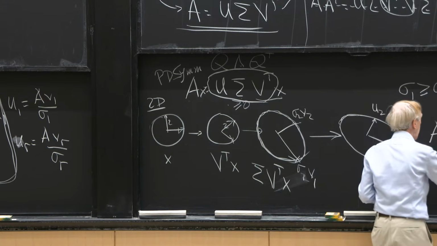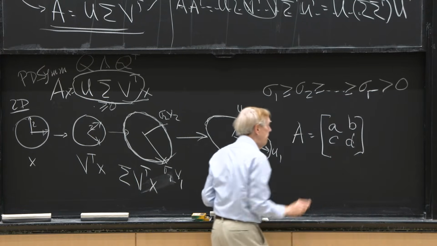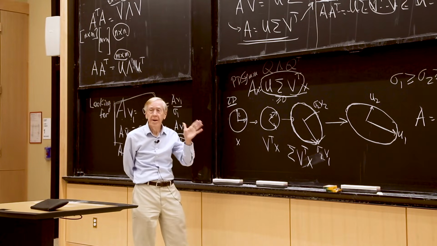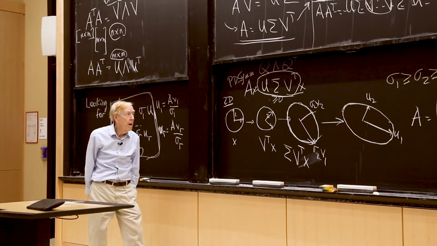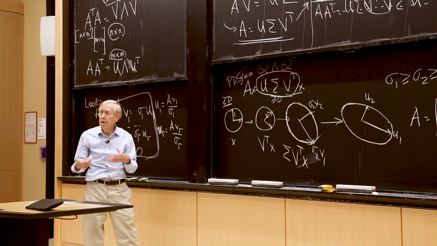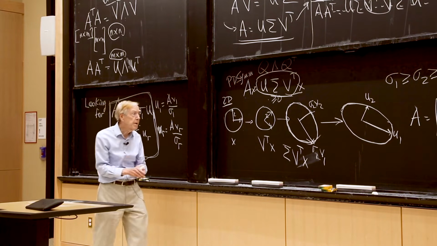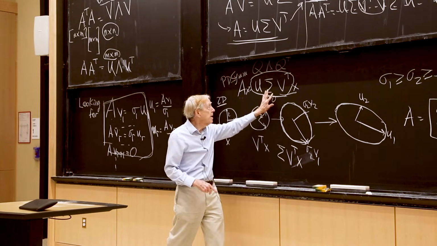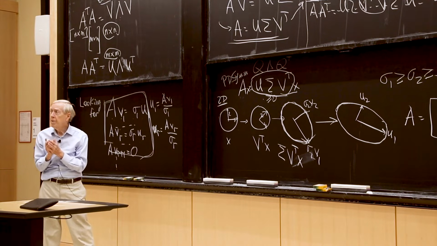So A has 4 numbers, a, b, c, d. Then I guess I feel that 4 numbers should appear on the right-hand side. Somehow the U and the sigma and the V transpose should use up a total of 4 numbers. So we have a nice counting match between the left side that's got 4 numbers a, b, c, d, and the right side that's got 4 numbers buried in there somewhere. So can we dig them out?